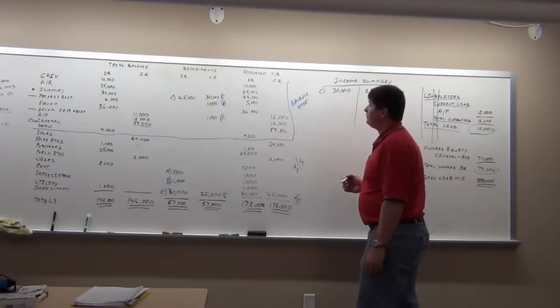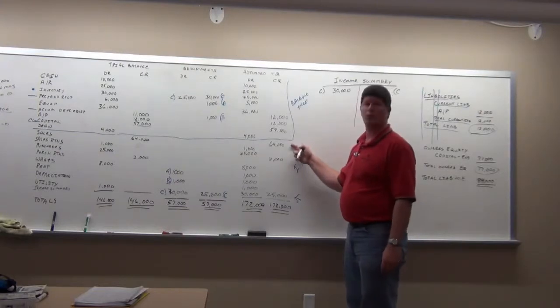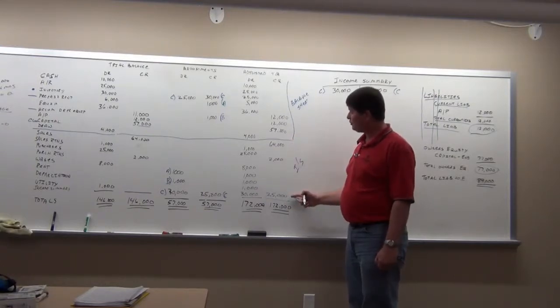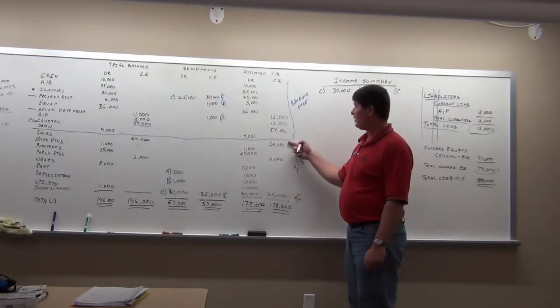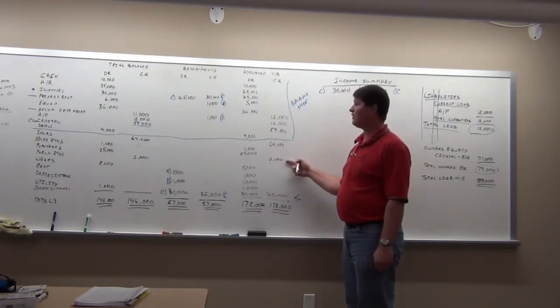So the first thing you do is take all of your revenue accounts, or all of your accounts with credit balances, and we zero them out, correct? Okay? What are they? We're going to exclude the income summary account. So I only have the $64,000 and the $2,000. I have sales and purchase returns, right?